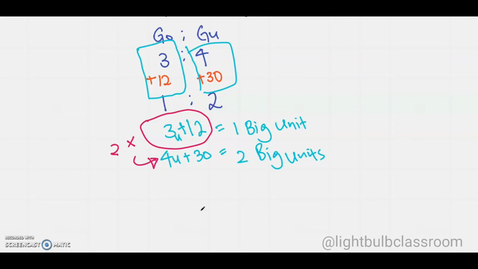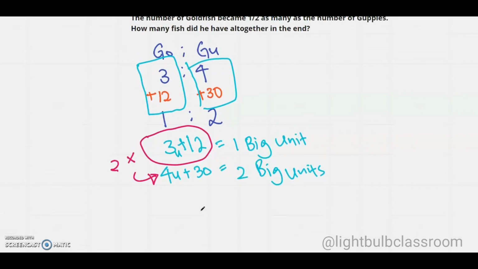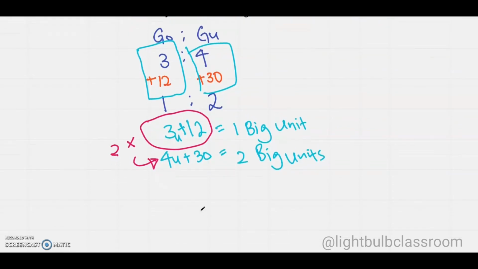So just remember the question, how many fish did he have altogether in the end, okay? So we first need to find out what is the units here. So we know that if you take 2 times this 3u plus 12, it would give me 4u plus 30, okay? So looks weird, but just hang in there.